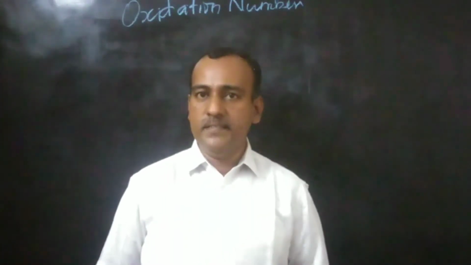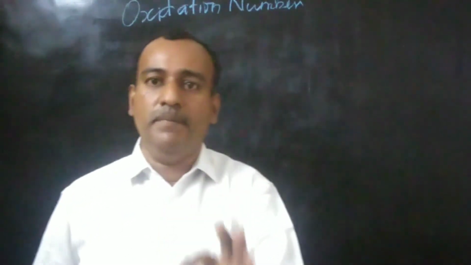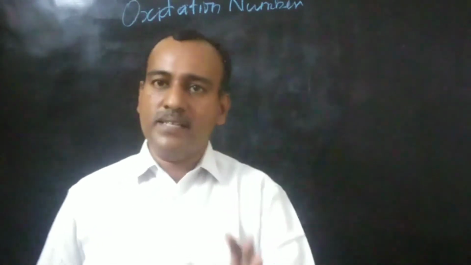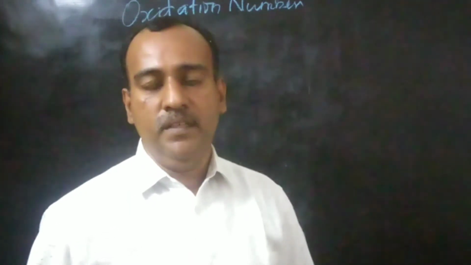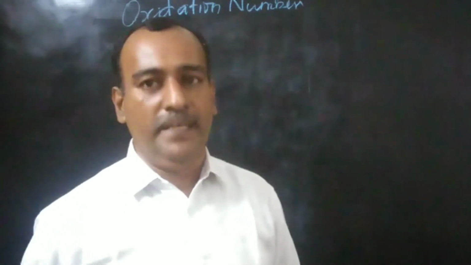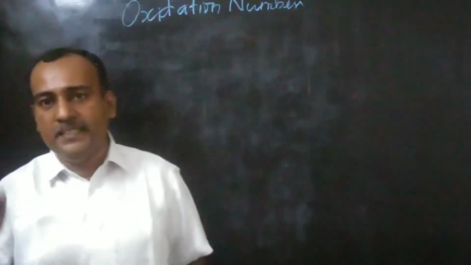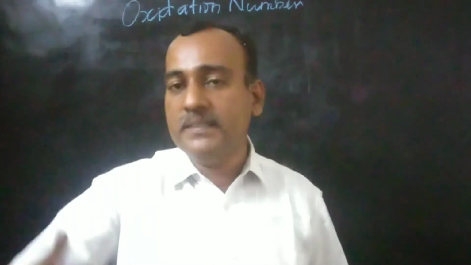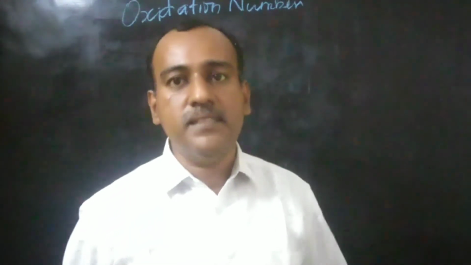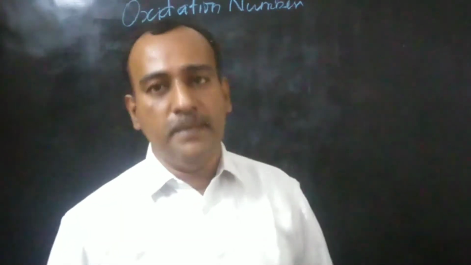The next one is oxidation number, that is the oxidation number of the central metal atom. Oxidation number is the charge carried by the central metal atom when all the ligands are removed along with their electron pairs. That charge is called the oxidation number of the central metal atom.